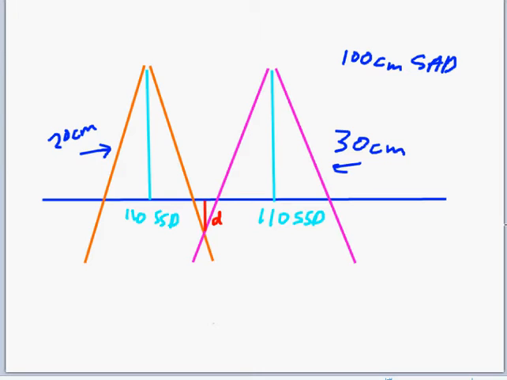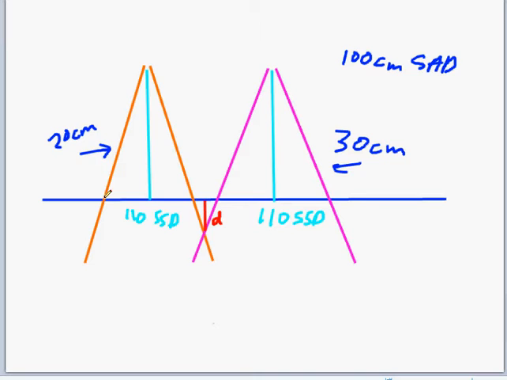All right, so this problem is a little bit tricky because when they tell you that the beam is 20 centimeters wide and this one is 30 centimeters wide, what you have to ask is where is that width defined? Is it on the patient's surface, or is it the collimator setting?